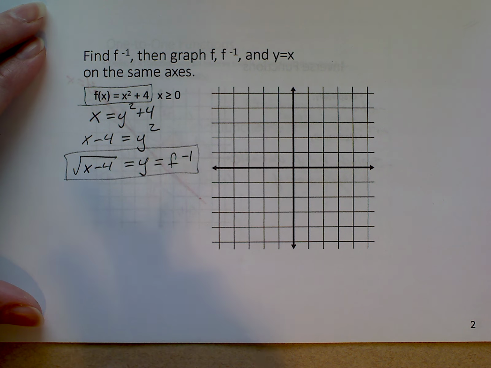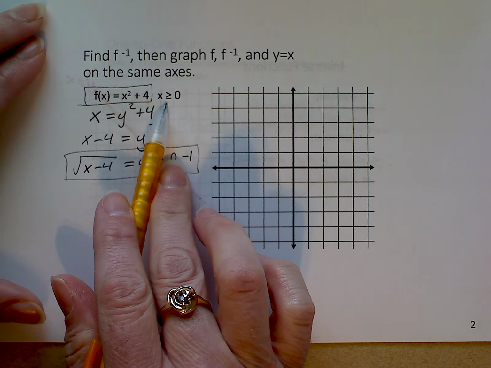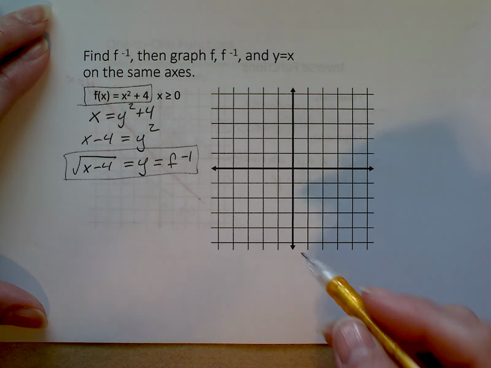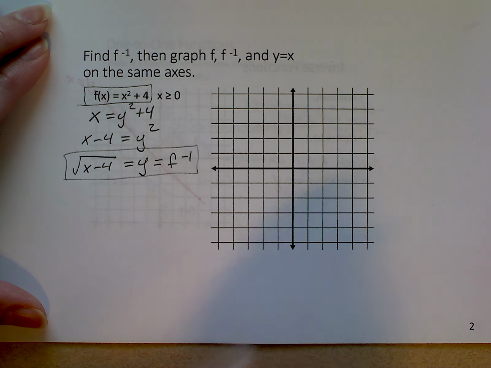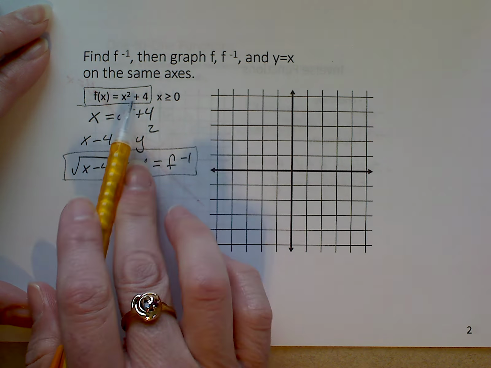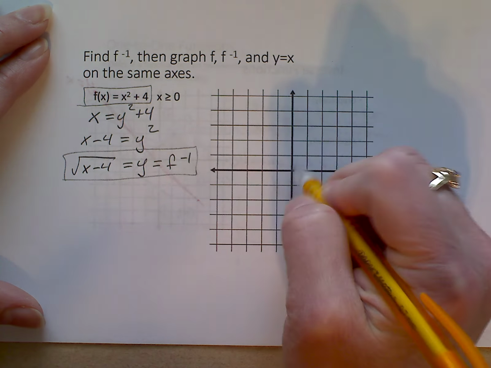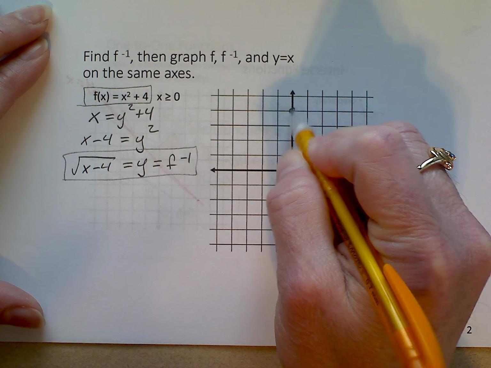But first a note about this whole x is greater than or equal to 0. Normally x squared plus 4, remember the transformation that's occurring there? The transformation is up 4. So I'm taking my x squared and I'm moving it up 4.